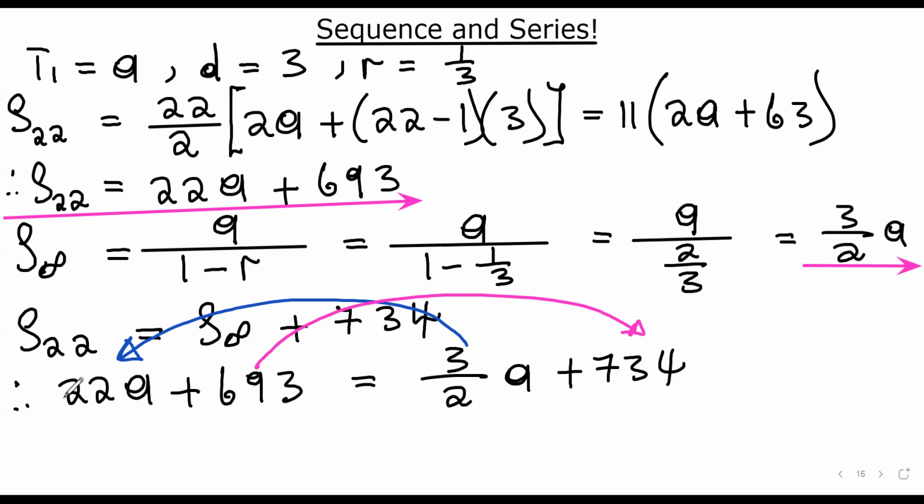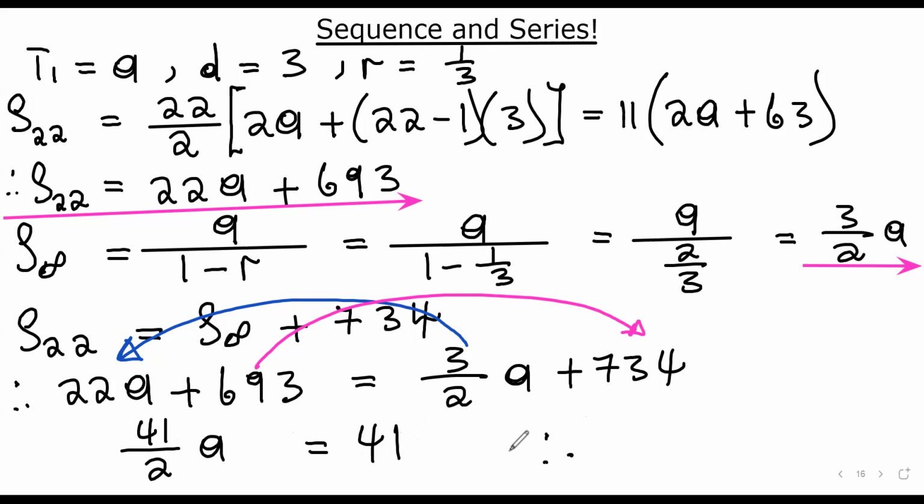And when you say 22 minus 1.5, well, you simply get 20.5, 41 over 2 a. And when we say 734 minus 693, you get 41.